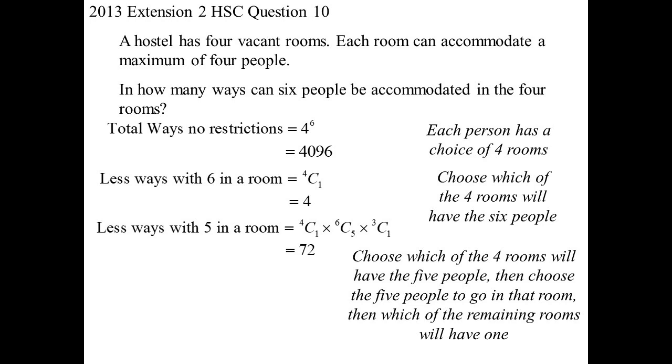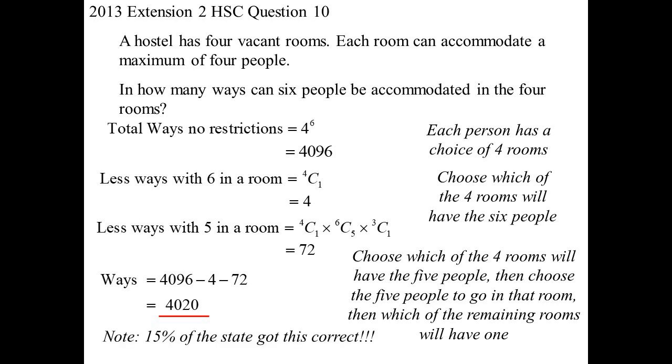So we're going to choose which room has 5 in it, 4C1. But then we have to choose which 5 people are going in that room. So of the 6, we'll choose 5. Then that will leave us one person who has to choose one of the other 3 rooms, 3C1. 72 ways of doing that. Take away all the possibilities, 4,020.